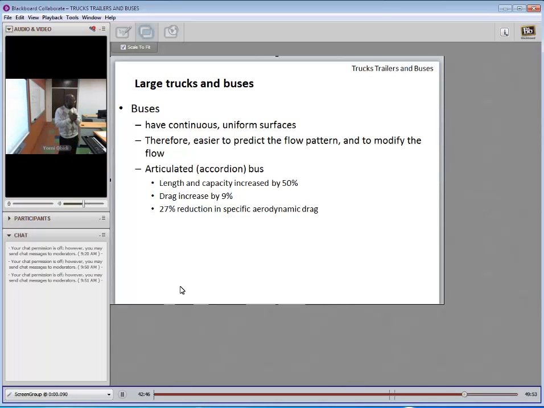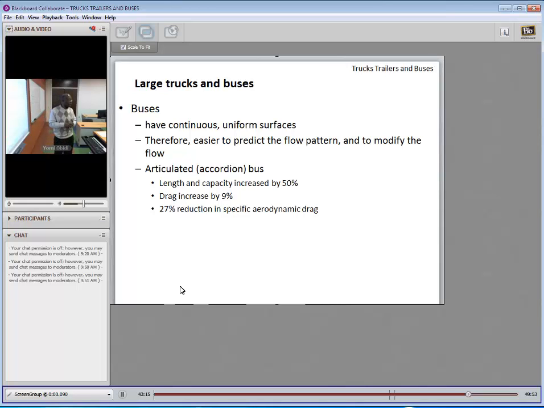Now there's the articulated bus, which is also called the accordion bus. It's a long bus with some accordion-like device in the middle to link the front piece and the back piece. For such buses, the length and the capacity are increased by about 50%, but the drag is only increased by 9%.